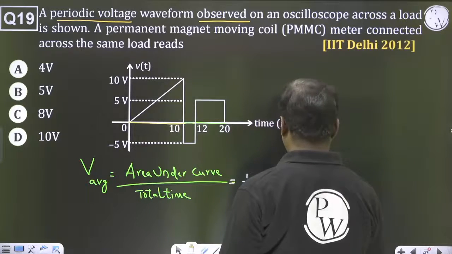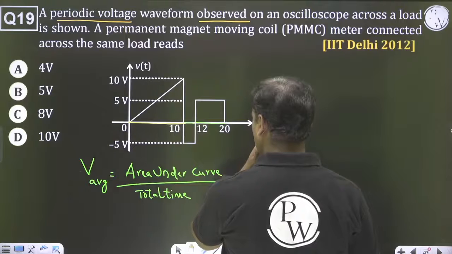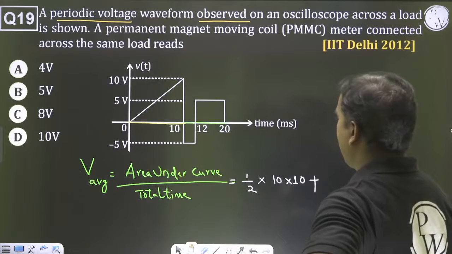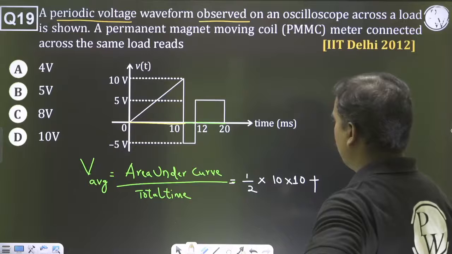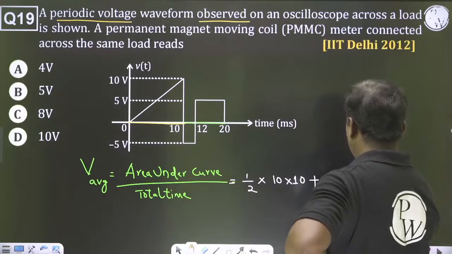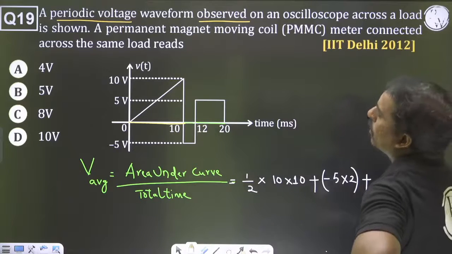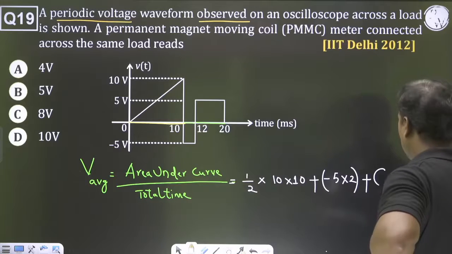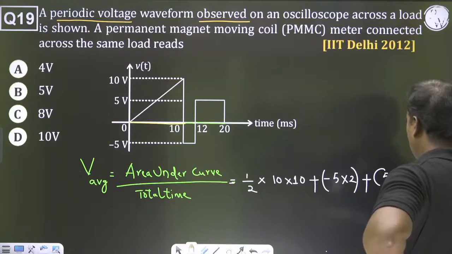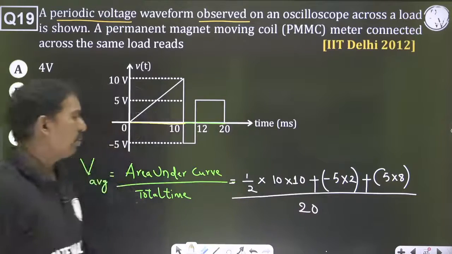Next, plus this is minus 5 into 2, plus 20 minus 12, 8 into 5, plus 5 into, whole divided by 20 milliseconds.